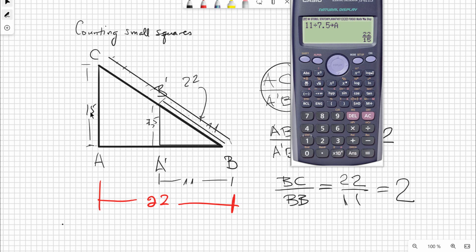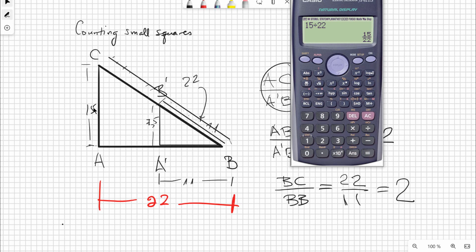Then you have 15 divided by 22. There is no simplification, you know. But now instead of dividing those sides of the same triangle, divide the corresponding sides of the similar smaller triangle.